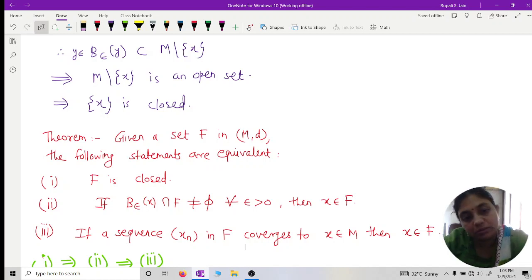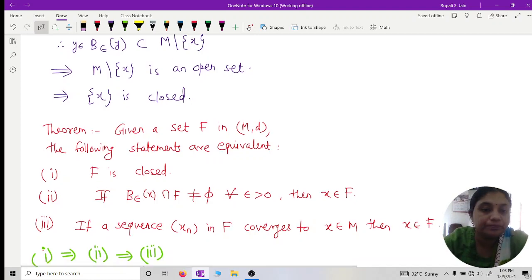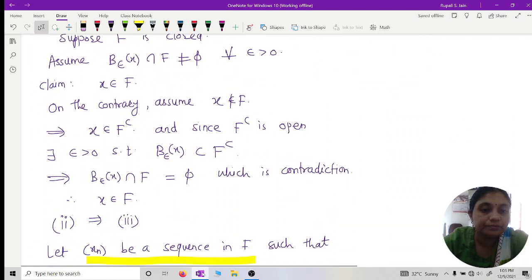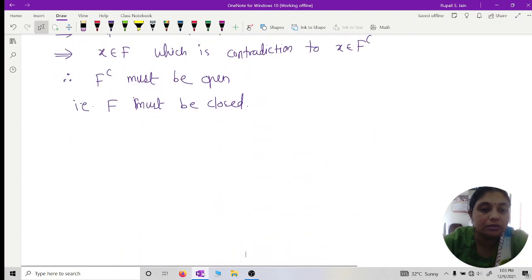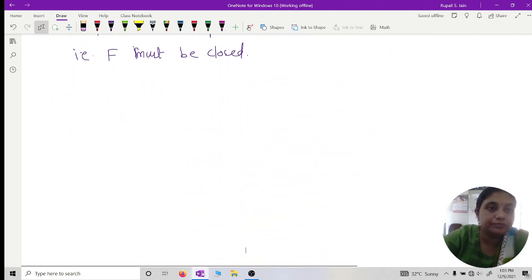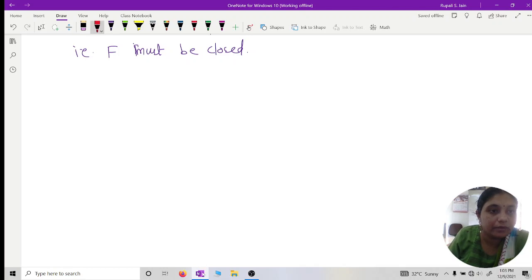Now we will define the next point, the interior point. What is meant by an interior point?